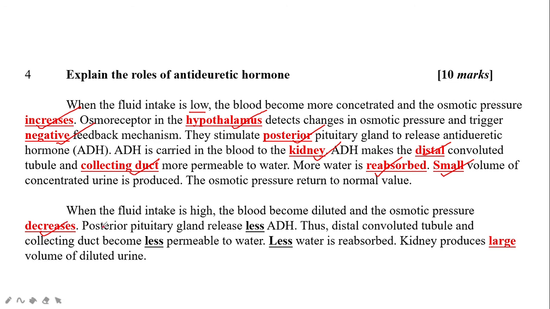So, the posterior pituitary gland will release less ADH, thus the distal convoluted tubule and collecting duct become less permeable to water. So, less water is reabsorbed. So, when less water is reabsorbed, the kidney will produce a large volume of diluted urine.